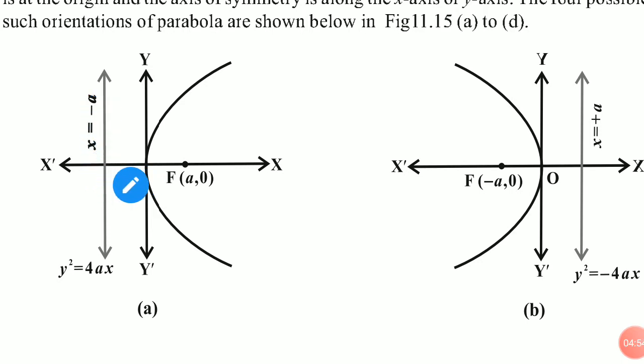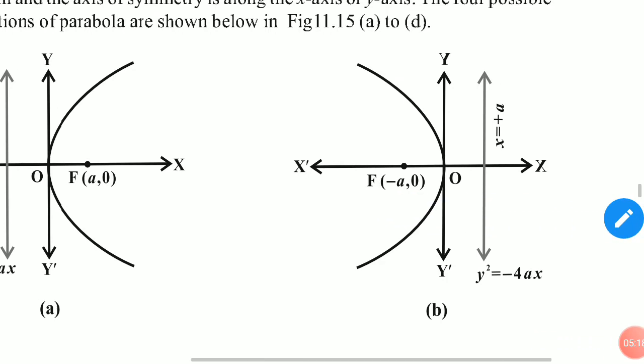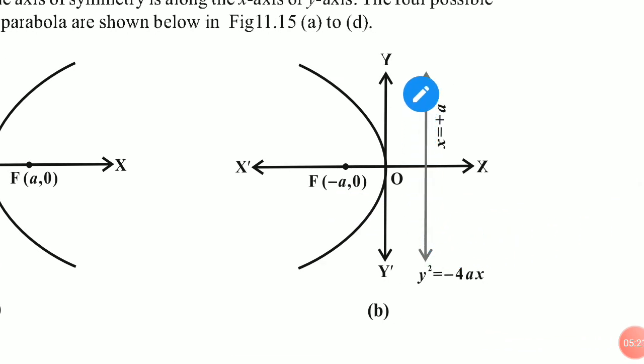These distances and the focal distance from the vertex are equal, so this point is a, 0. This is one orientation of parabola. Now another orientation of parabola: the parabola is on the negative x-axis, so the focus now becomes minus a, 0. Now the directrix will come on the positive x-axis, so the equation of this directrix will become x is equal to plus a.